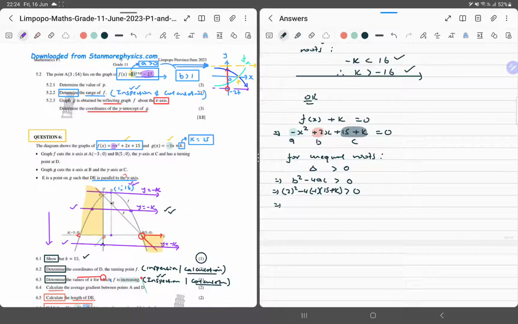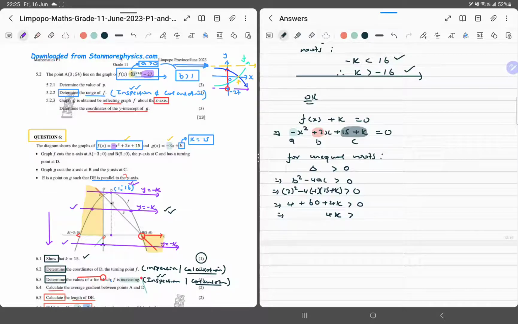This is now 4 times 15, that is 60, and then 4 times plus k, therefore it's going to be 4k, greater than that.